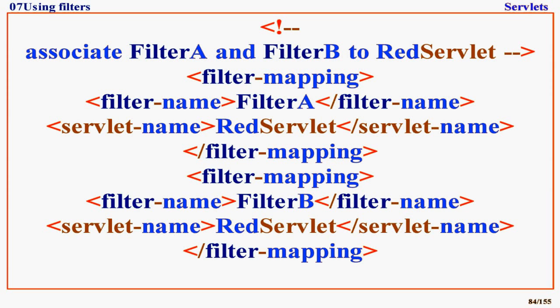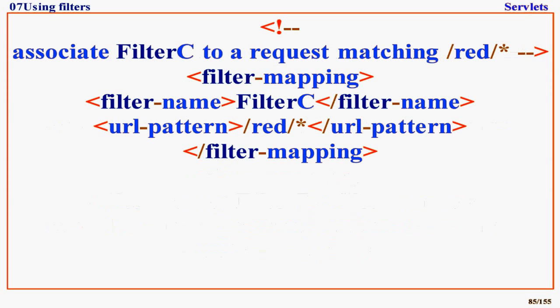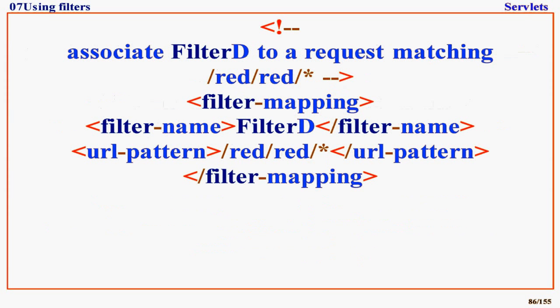Associate FilterC to a request matching red: filter mapping, filter name FilterC, URL pattern red. Associate FilterD to a request matching red: filter mapping, filter name FilterD, URL pattern red.